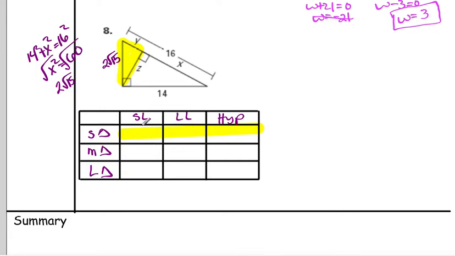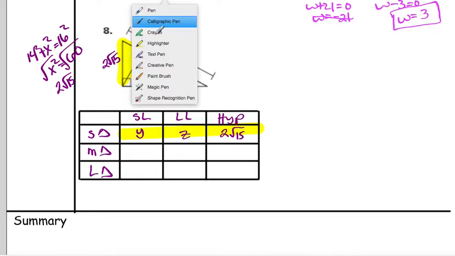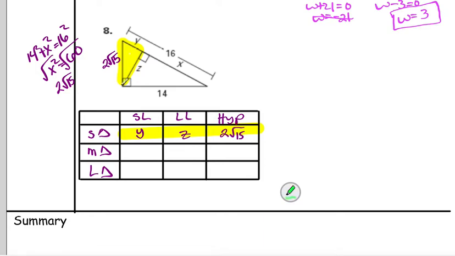So for the small triangle, the short leg is y, the long leg is z. It's always that inside part being the long leg of the small triangle. And then the hypotenuse is 2 root 15. In the medium triangle, which is this one right here, the short leg is z, the long leg is x, and the hypotenuse is 14.